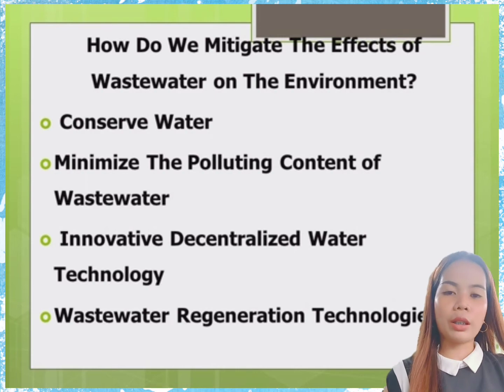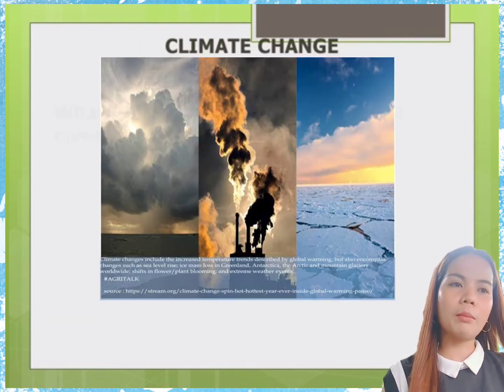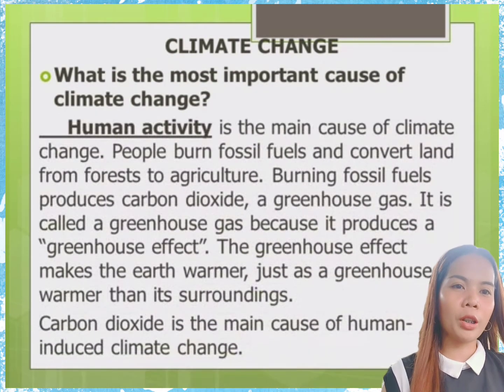So now let's proceed to the second topic about climate change. So what is the most important cause of climate change? So the answer is human activity is the main cause of climate change. People burn fossil fuels and convert land from forest to agriculture. Burning fossil fuels produces carbon dioxide, a greenhouse gas.